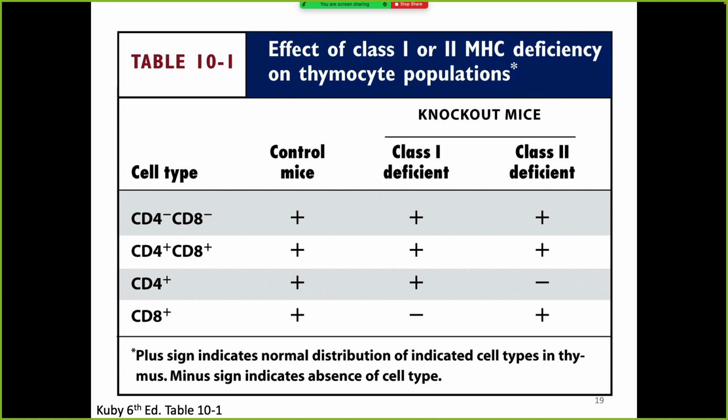Originally, when immunologists looked at the thymus and saw those 4 different populations, the double negatives, the double positives, and the 2 different types of single positives, they didn't know which order they happened in. They didn't know that these were the earliest cells, and then these at the end.